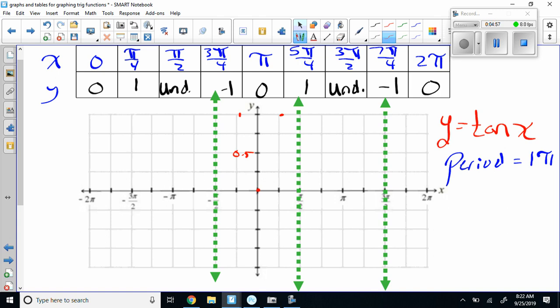And then this one, it's at negative 1, right? Then it's 0, and then up at 1? Okay, so let me move this reference over to the other side. There. Ready?